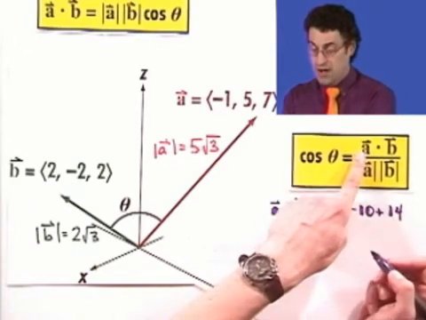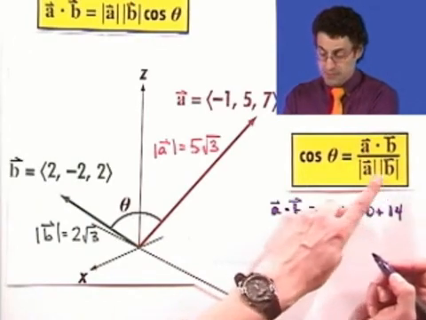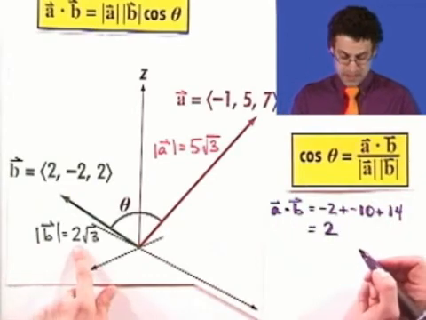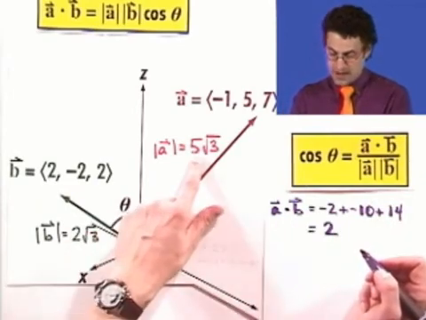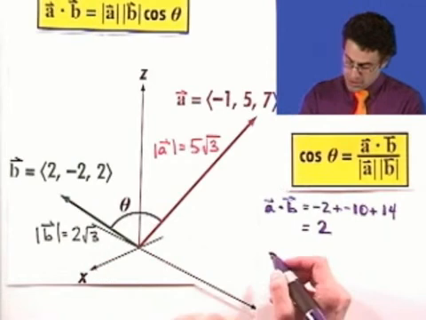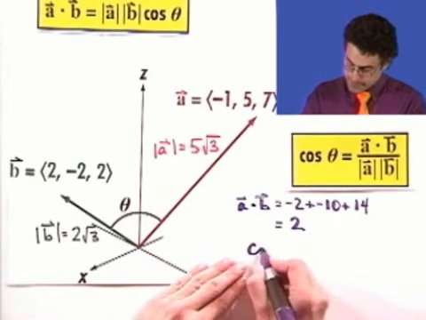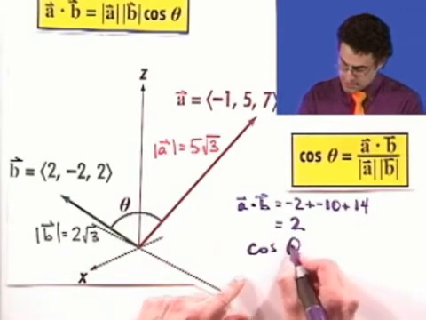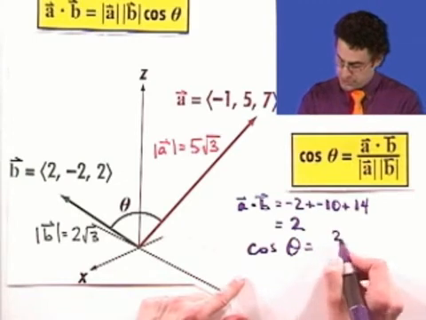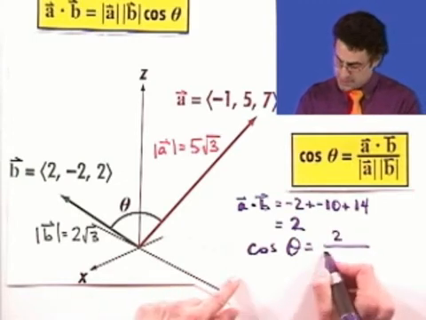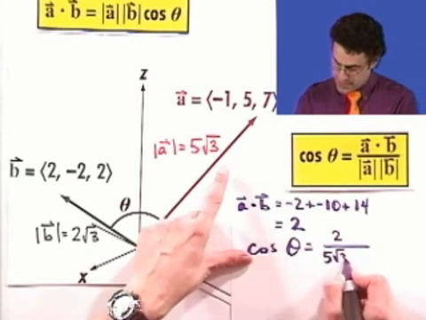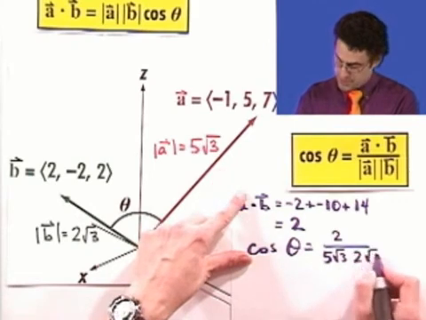So the dot product is 2, and we have the lengths to be 2 square root of 3 and 5 square root of 3. So the cosine of theta is equal to 2 divided by the product 5 square root of 3 times 2 square root of 3.